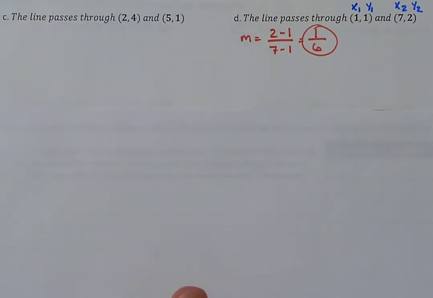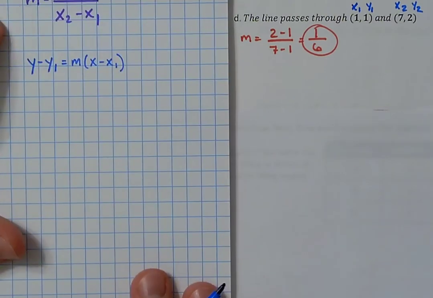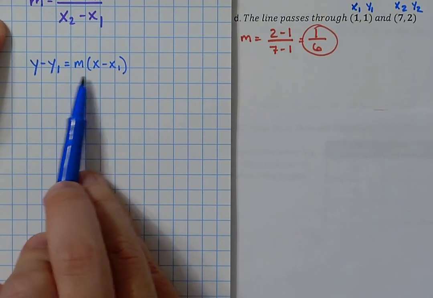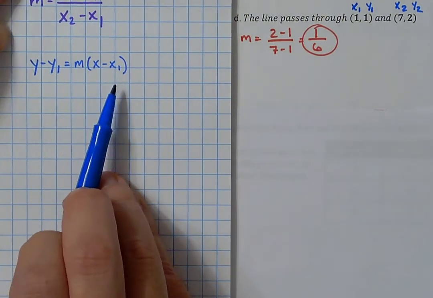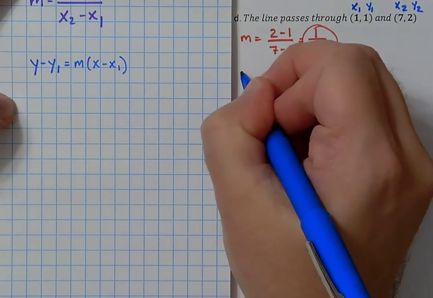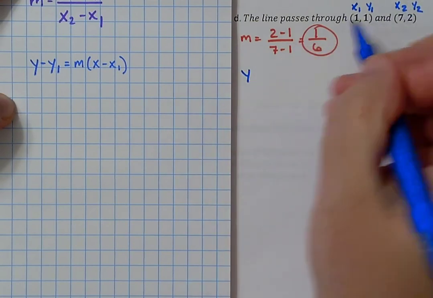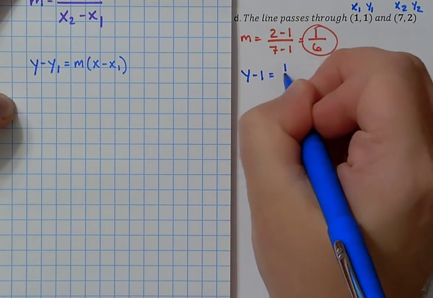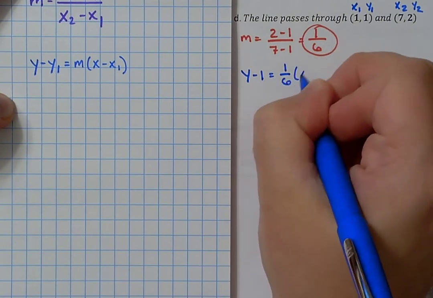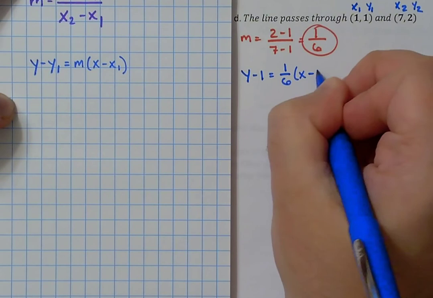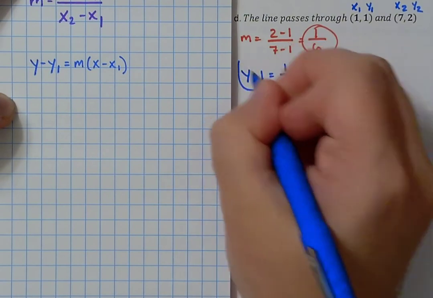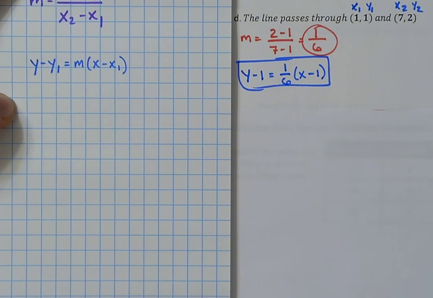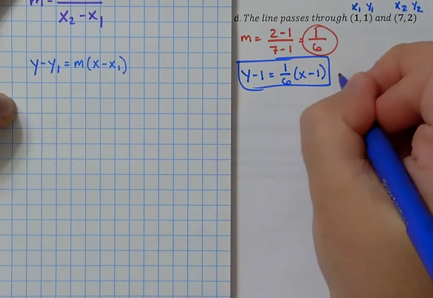Following y minus y1 equals m times x minus x1, I have y minus y1 equals m, which is 1/6, times x minus x1, which is 1. So I get y minus 1 equals 1/6 times x minus 1.